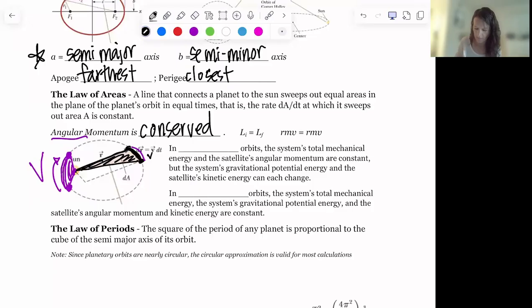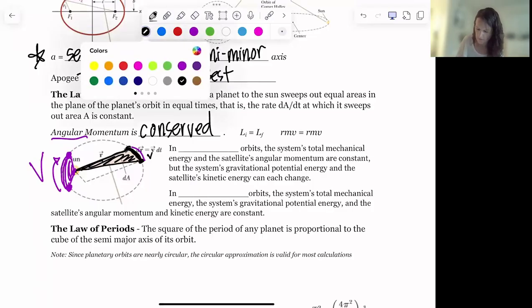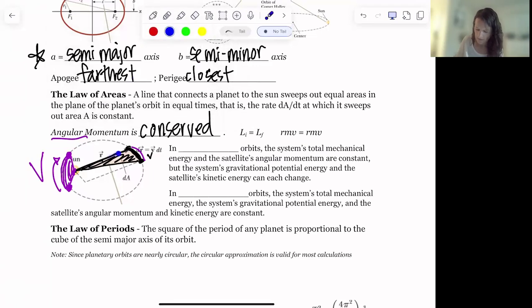So our radius is bigger here, meaning that our velocity is smaller, whereas our radius is much smaller over here, meaning that our velocity is bigger. And the mass would just be the same for both. That's how our angular momentum is conserved, and that's what it means to have the law of areas.